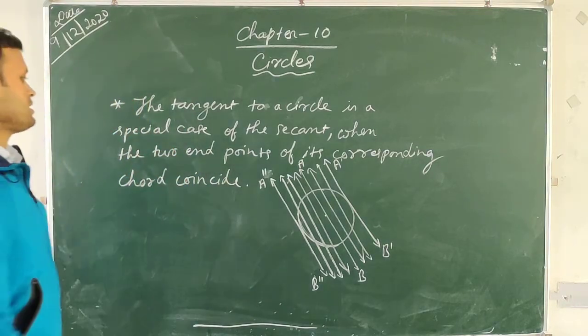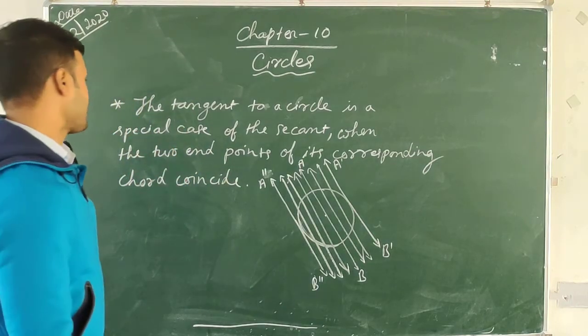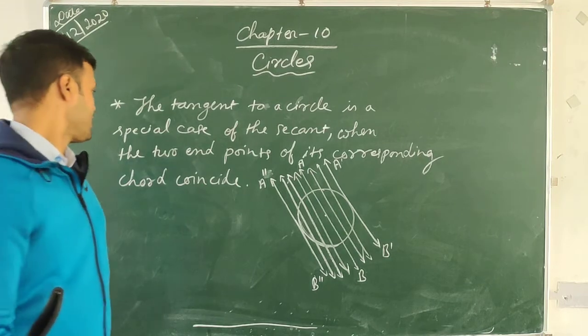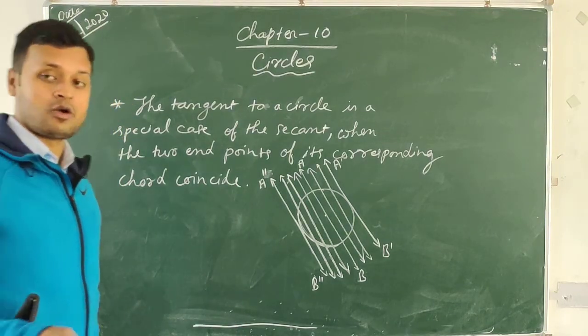So what is this statement saying? Just try to understand. The tangent to a circle is a special case of the secant when the two endpoints of its corresponding chord coincide.